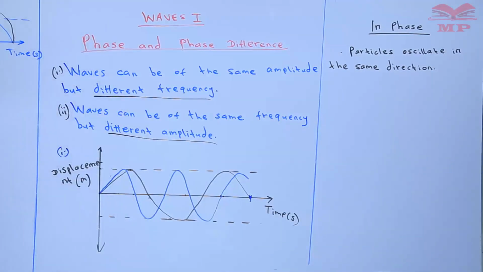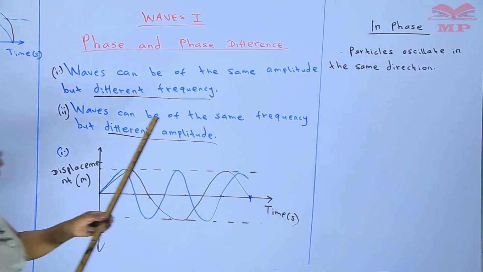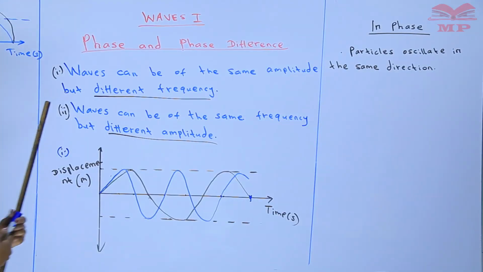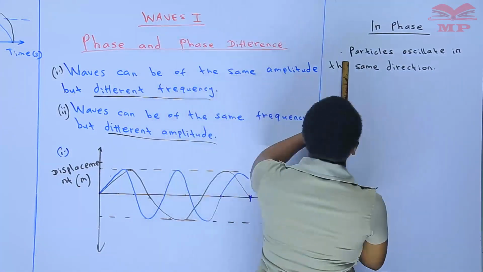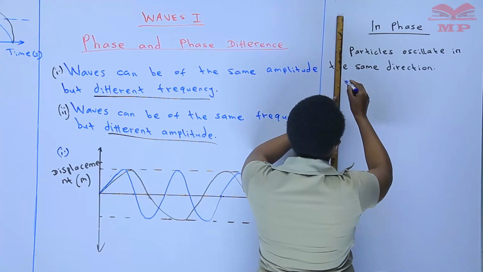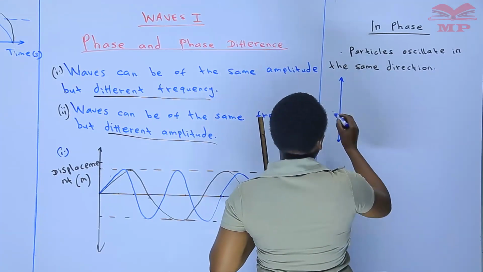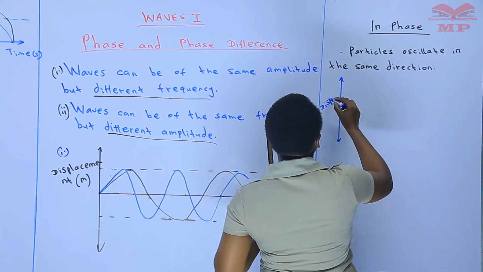And if they are oscillating in the same direction, that is the level of their oscillation, then we can have the particles as follows. That is in phase. We can have a graph of, this is displacement.